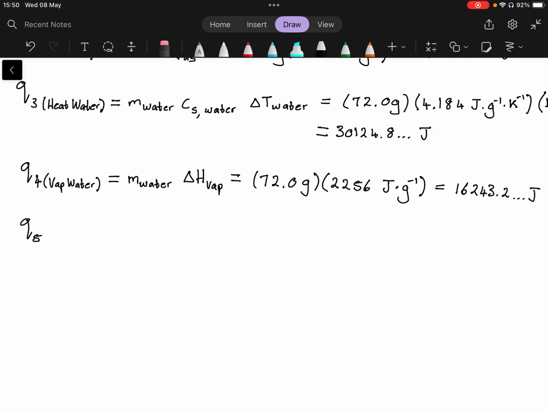Finally, the fifth one is to heat the water vapor. So we heat the vapor. It will be equal to the mass of the vapor times specific heat capacity of the vapor times the temperature change of the vapor.